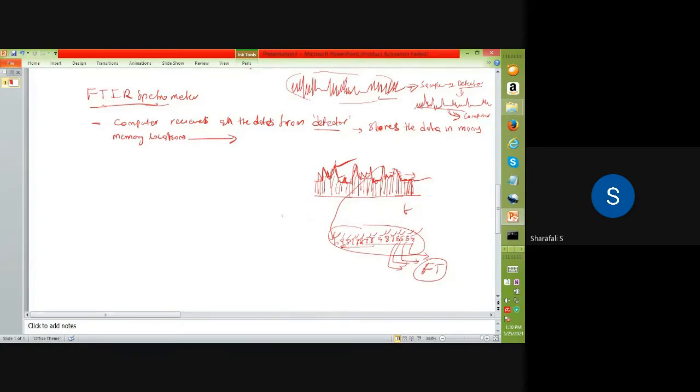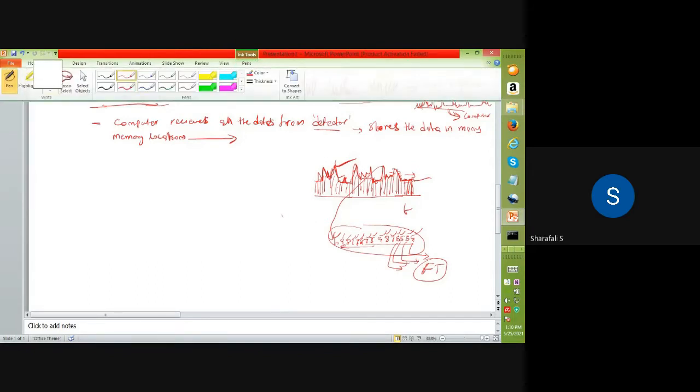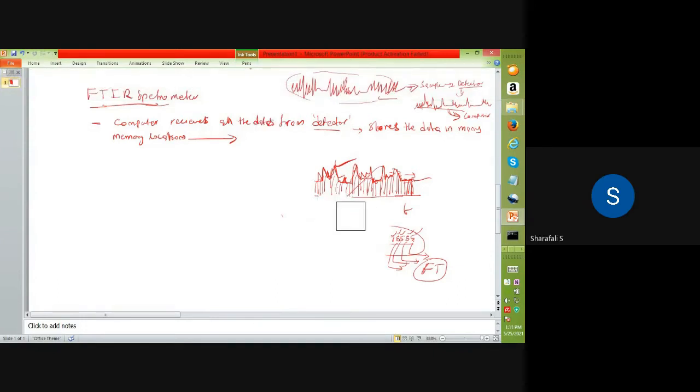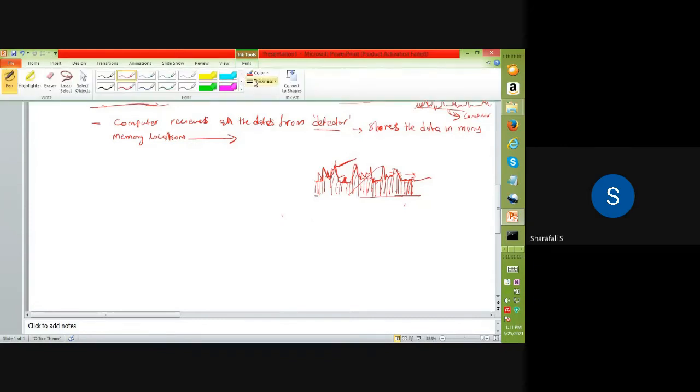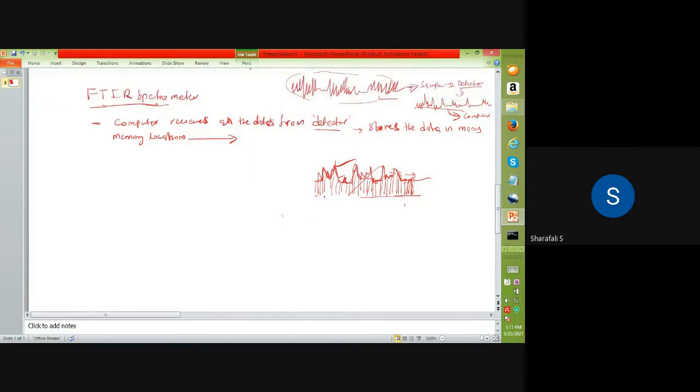If you take the spectra of the same sample one more time, let me see if we can copy this. It cannot be possible, so I will just draw that here.